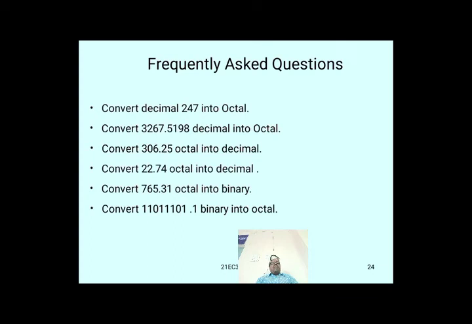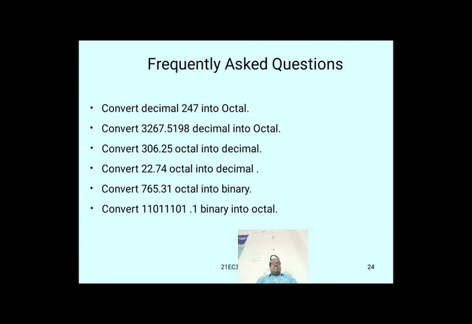If you have any doubt, you can ask me. It is the query session. You can ask about the frequently asked questions also. By seeing the above questions, you can ask a doubt.